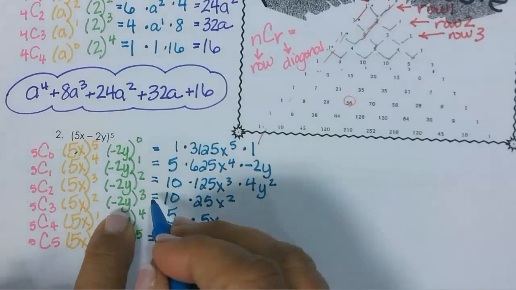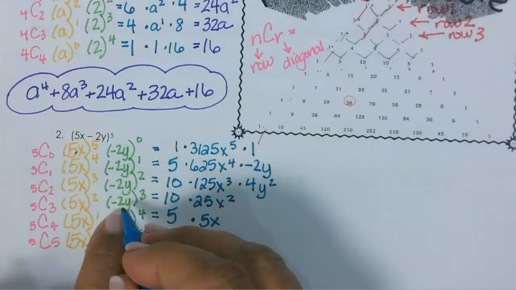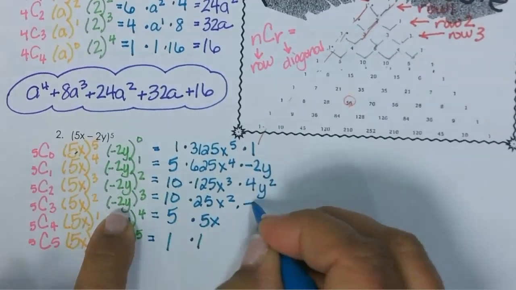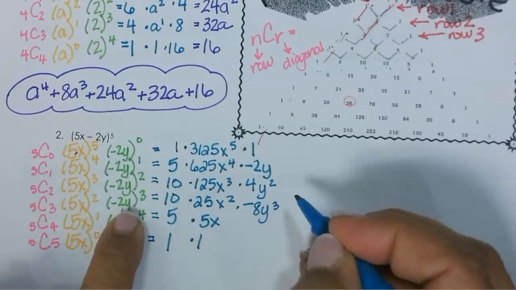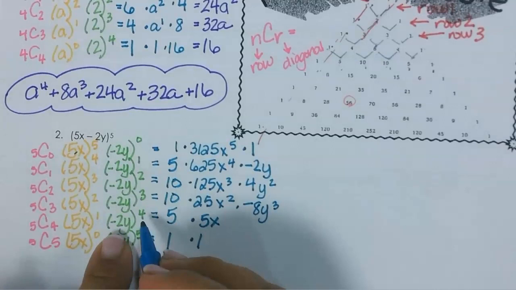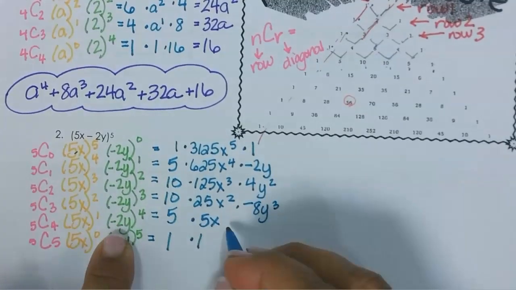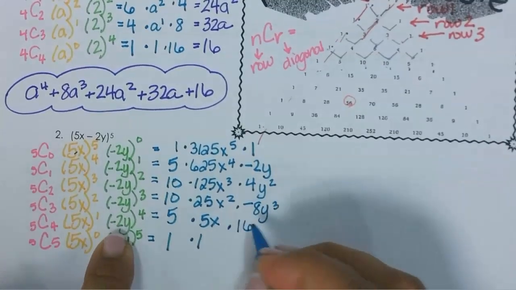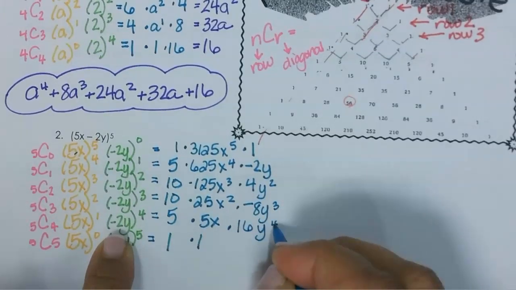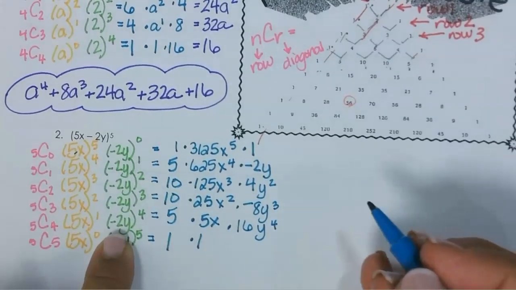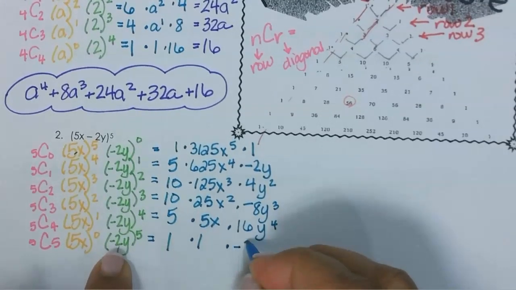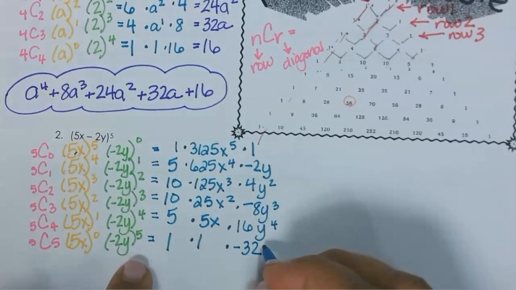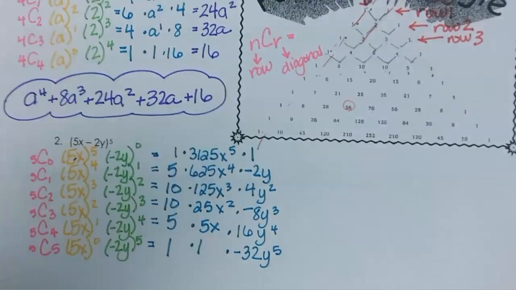Next, I'm going to cube negative 2. That's actually negative 8, and then we have y cubed. I'm going to raise negative 2 to the fourth. That's a positive 16, y to the fourth. And then I have negative 2 to the fifth, so that's a negative 32, and then we have y to the fifth.